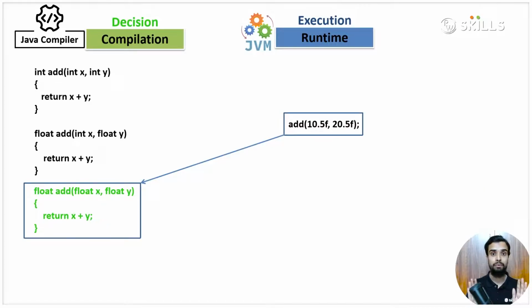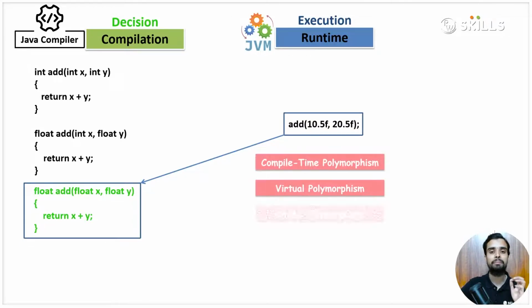And at the time of execution, JVM is not going to scratch its head in order to find out for this method call which method body to be executed. It is simply going to rely on the decision that was taken by the Java compiler. This is the reason why, my friends, this polymorphism is also referred to as compile time polymorphism.